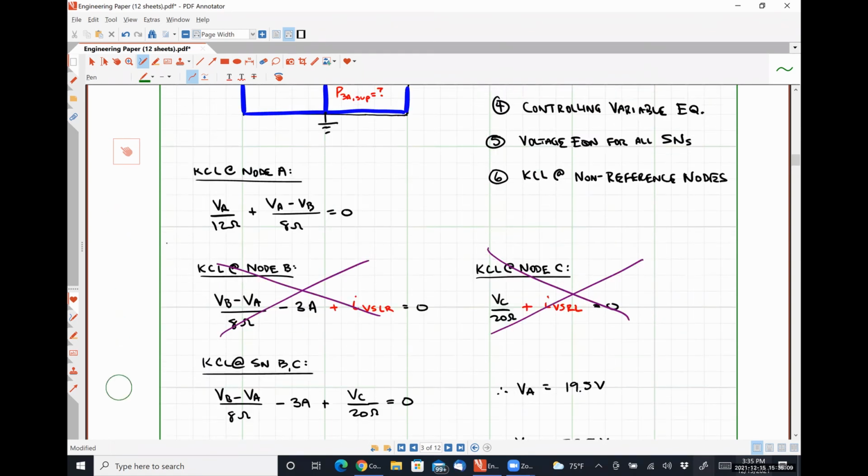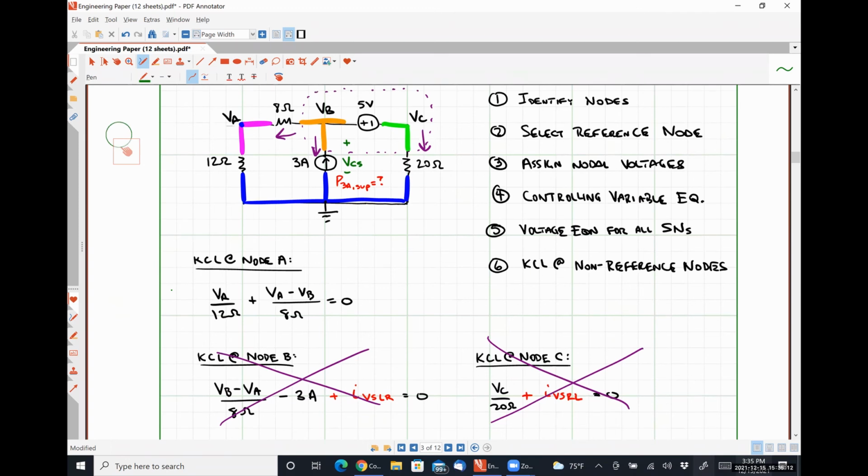What if I wanted the power absorbed by the 8 ohm resistor?